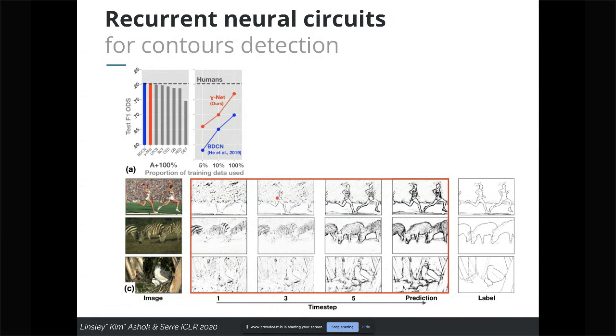But through time, dynamically, through the exchange of information through recurrent connections, the network is able to fill in the missing information, so filling in missing contours, and then suppressing spurious contours. And you see that at t=8 here, we're able to get a final prediction from the network that is a fairly good approximation of the ground truth that is derived from human subjects.